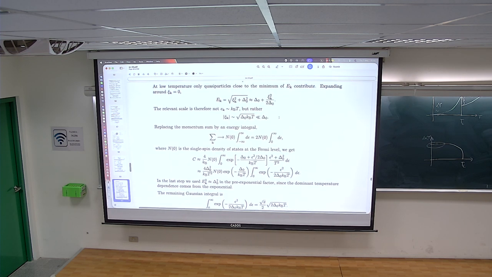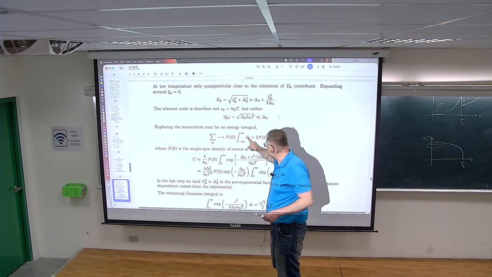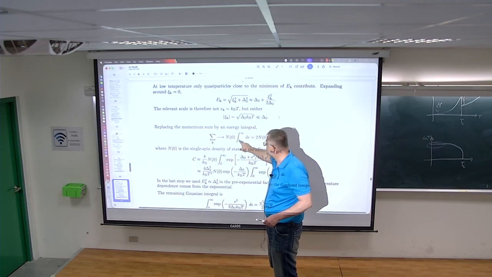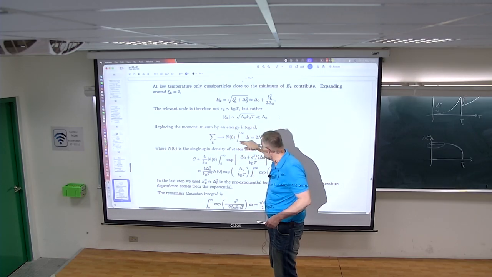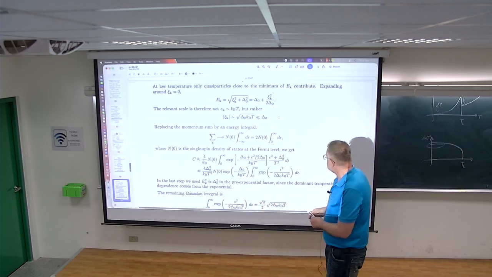And we are doing our favorite trick: anytime we see a summation, we can replace the summation with the density of states. If you are going via energy of the normal states, you are using the energy of the normal states. If you go to the superconducting states, you need to use the superconducting states. But what will happen is the integration boundaries will be different. Only this I just want to tell you.